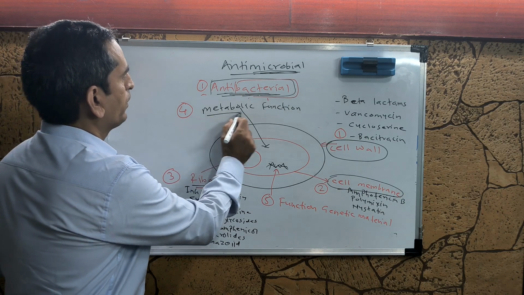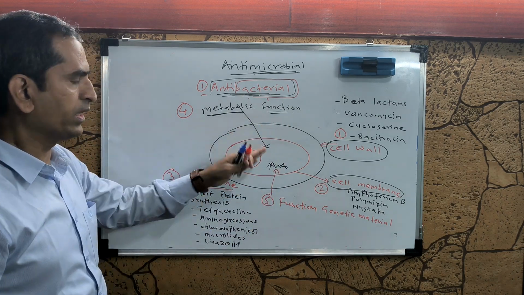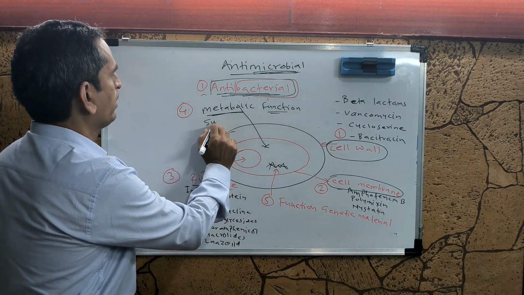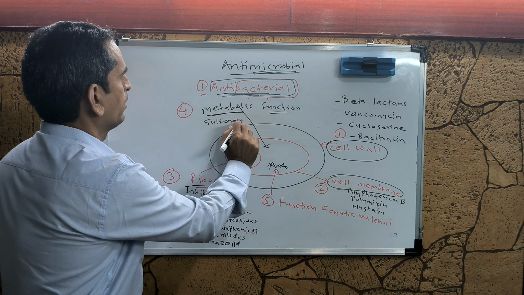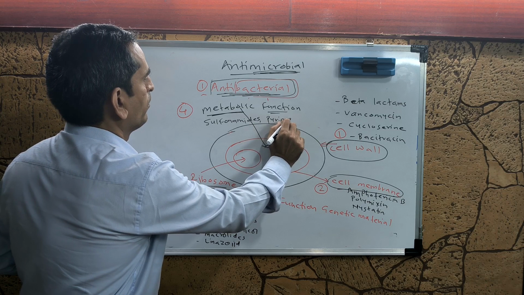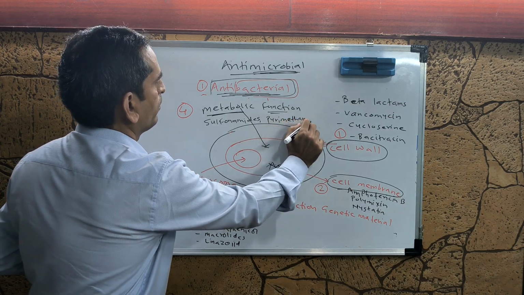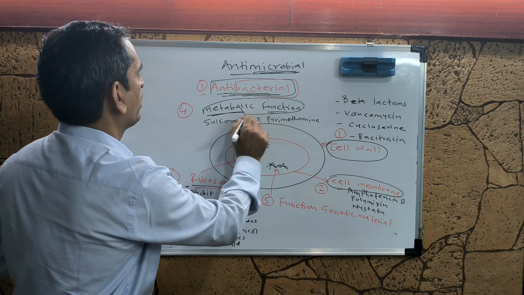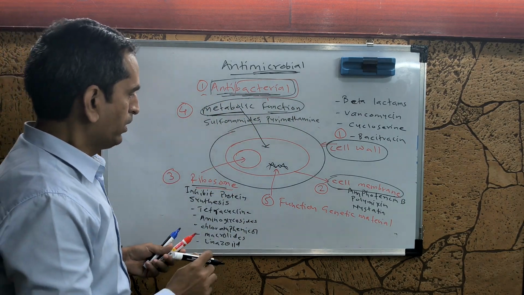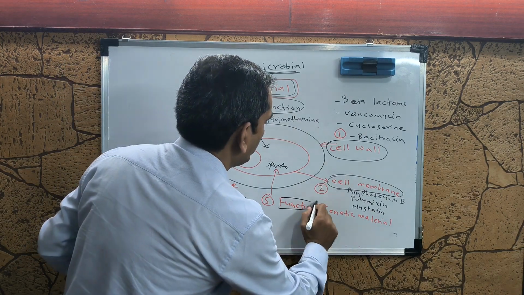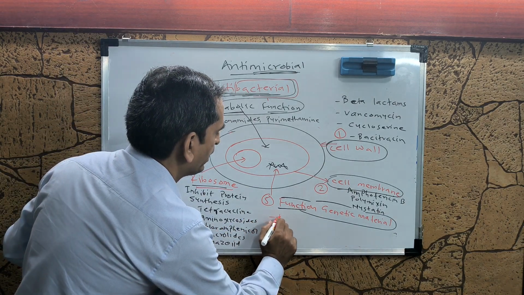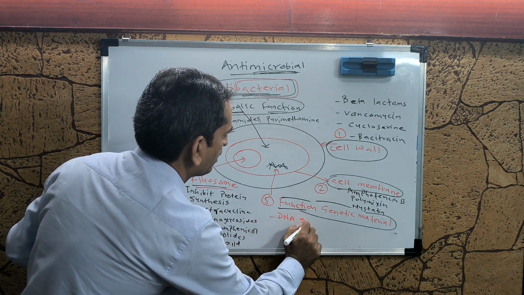Some drugs inhibit the metabolic functions which are necessary for the bacteria to survive. The drugs in this category are sulfonamides and pyrimethamine. These are the drugs which work by inhibiting the metabolic functions of the bacteria. The next target of the antibacterial drugs: some drugs inhibit the enzyme called DNA gyrase.